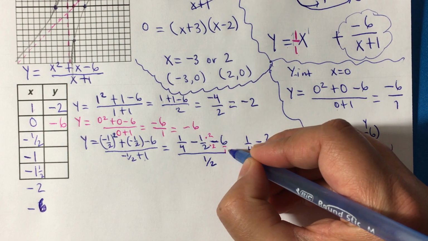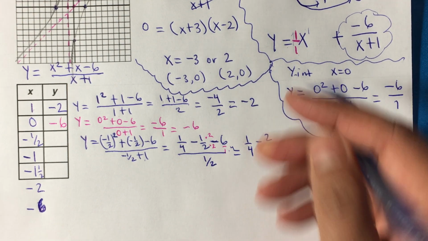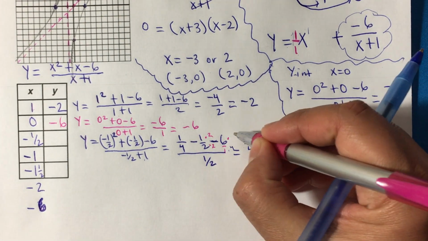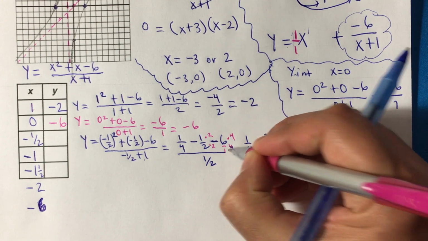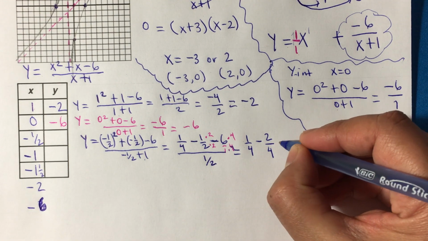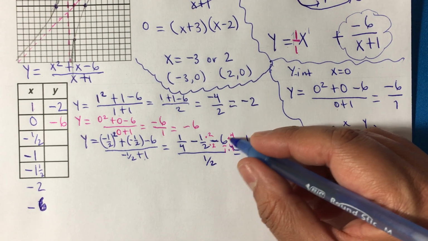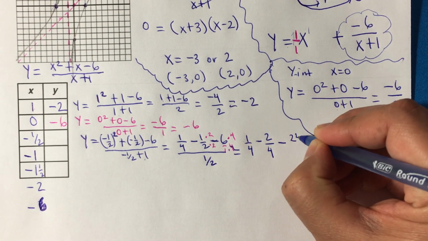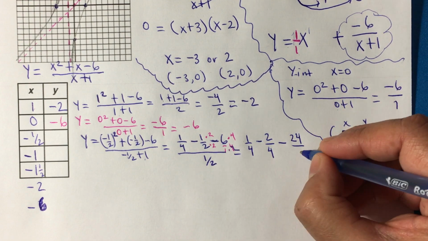And then this you need to multiply by 4, but at the same time the numerator as well. So why? Because we need the denominator to be fourths. So minus, because of this, and then 6 times 4 is 24. 1 times 4 is 4.